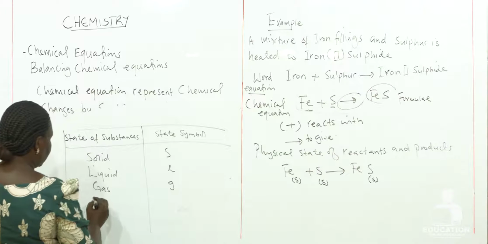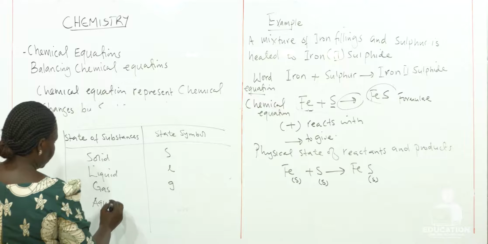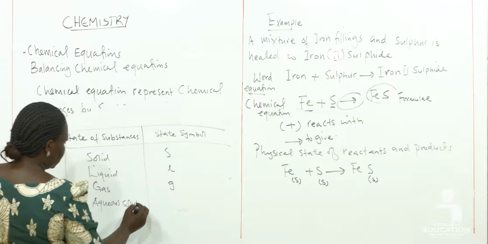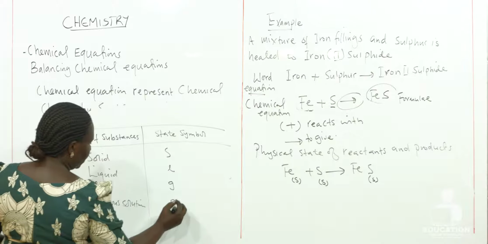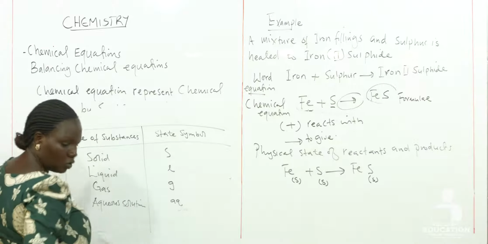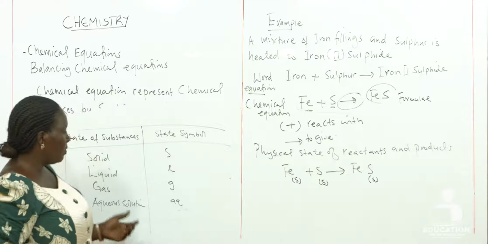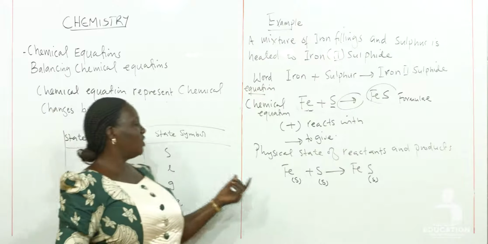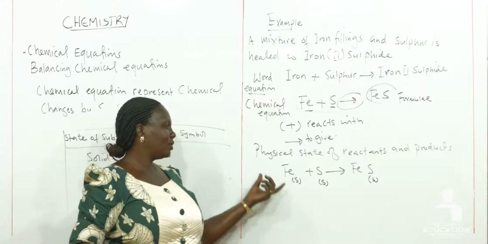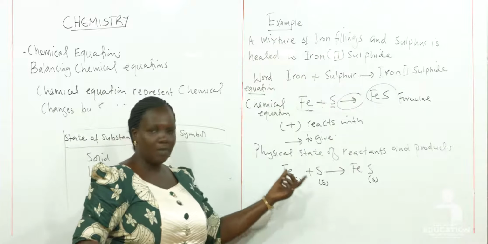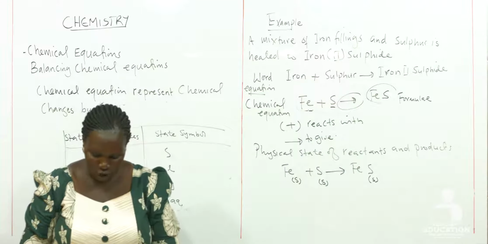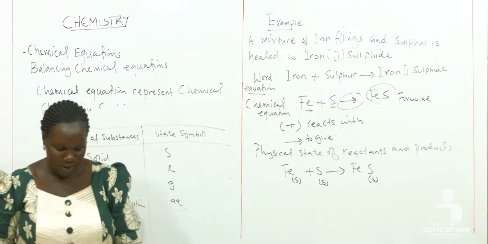And then for aqueous solution, the symbol is AQ. So these are state symbols that display the physical states of substances that are reacting, the reactants and the products in a chemical reaction or along a chemical equation.